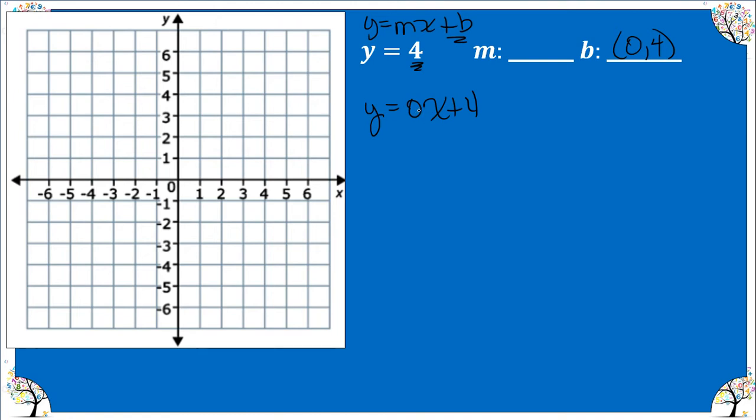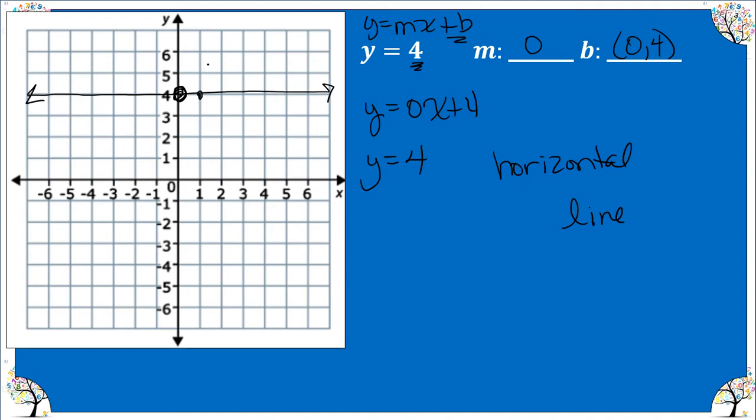But recall 0 times anything, even a variable, is nothing. So we really just have y equals 4. So our slope is 0. So this is going to be the horizontal line. It's going to pass through (0, 4). It's not going up or down. It's just continuously constant going through where y is 4.